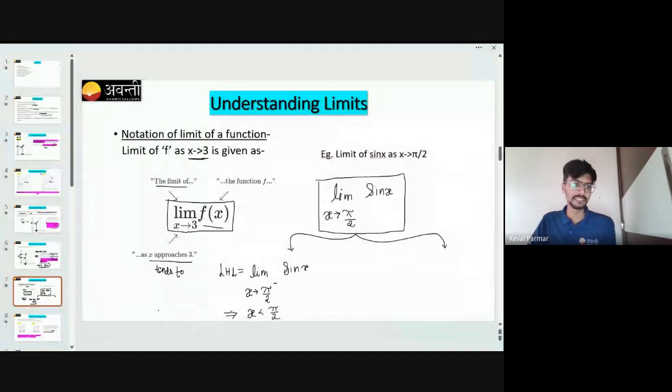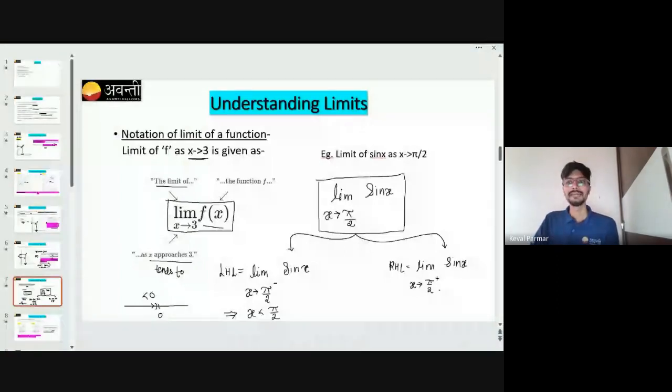It's very simple. If we take the number line, let us take number 0. If I approach 0 from left hand side, meaning here it is less than 0. And for RHL, if I approach pi by 2 from right hand side, as you can guess correctly, it will be pi by 2 plus.